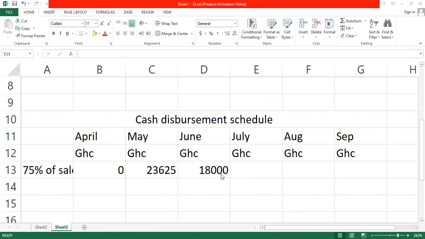Okay. June's money will be received in which month? July. That will give us how much? 22,500.